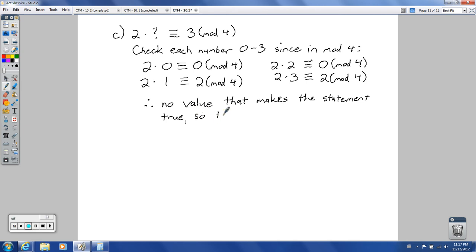So the answer is no solution. That is a possibility with a question like this.